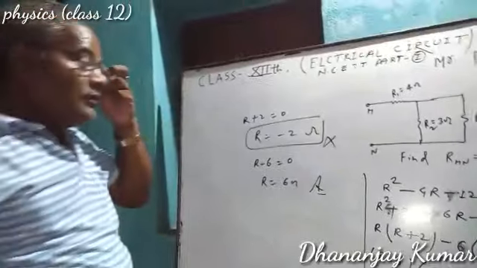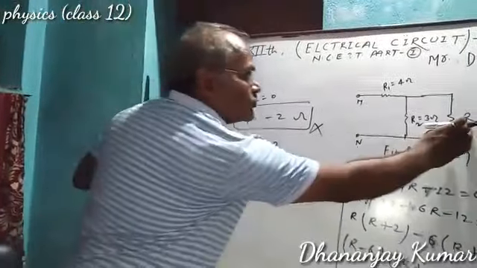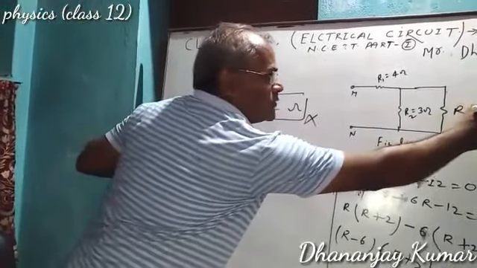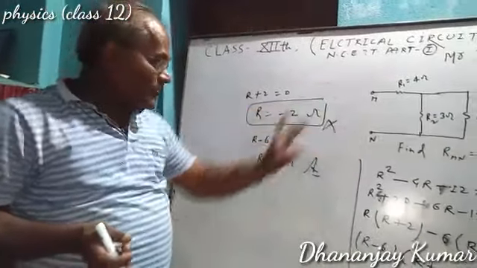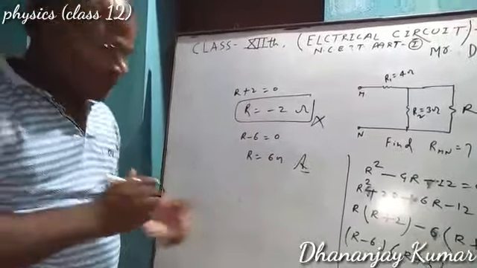For example, putting the value of R here as 6 ohm, when we get the equivalent resistance across MN, it must be equal to 6 ohm.